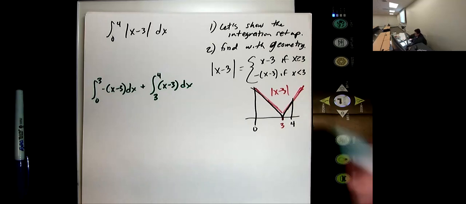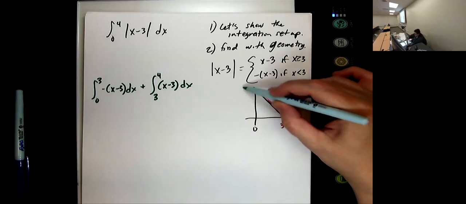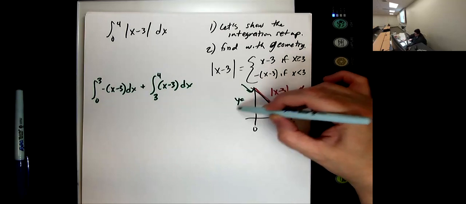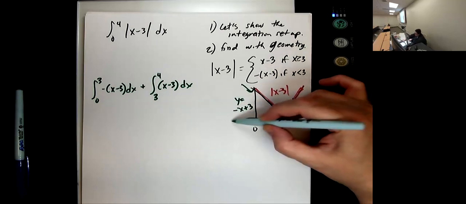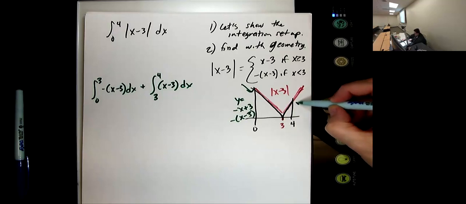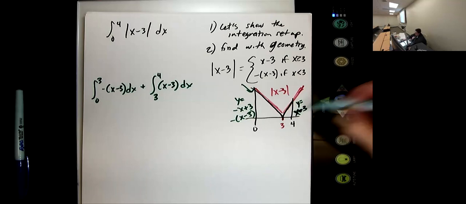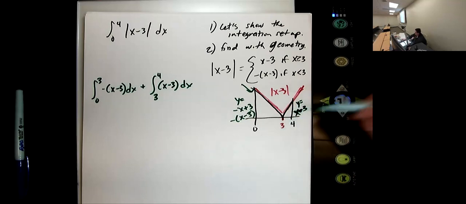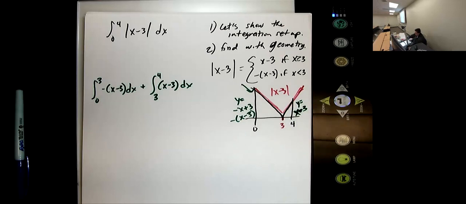If you rewrote this, this line right here is y equals negative x plus 3, which is negative (x minus 3). And this line is y equals x minus 3. It's 2 different lines intersecting. That's how absolute values look.